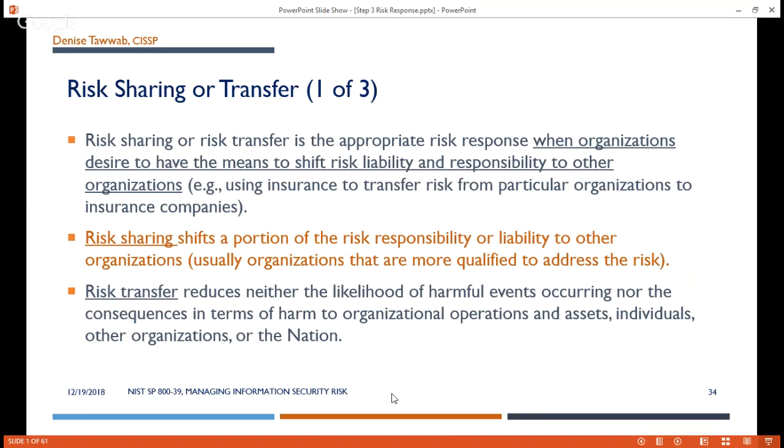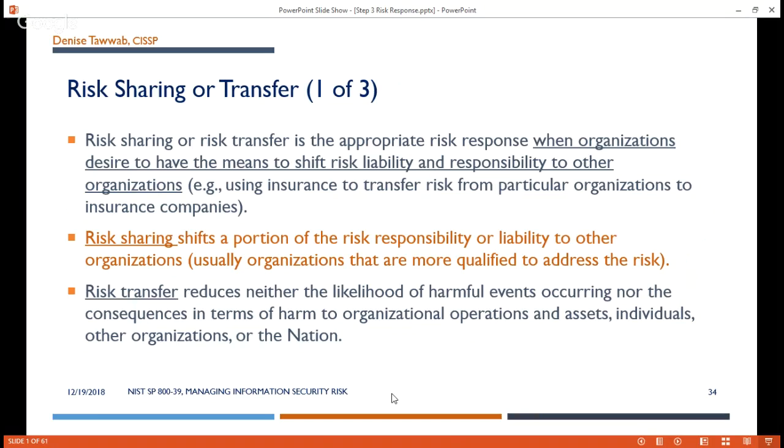Next, we'll talk about risk sharing or transfer. Risk sharing or risk transfer is the appropriate risk response when your organizations desire to have the means to shift risk liability and responsibility to other organizations, using insurance to transfer risk from particular organizations to insurance companies, for example.